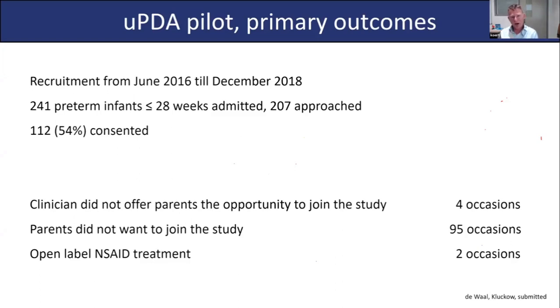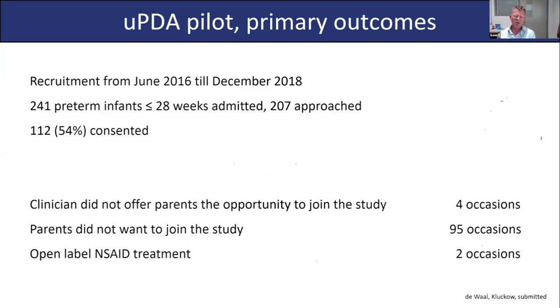So we did 2.5 years of recruitment. And remember, this is a pilot trial. The idea was not to get a large sample, but to get enough per month, so a true trial in the whole of Australasia would work. 240 preterm infants, lots of them approached. 54% of the parents consented. Now that sounds good. It's more than, I think, in the TOLERATE trial. It's less than the trial of Kleiman.